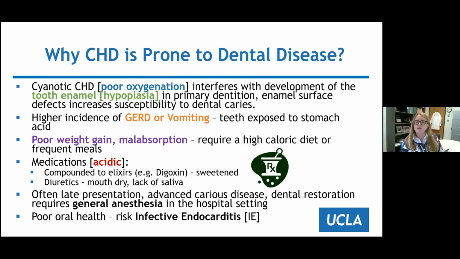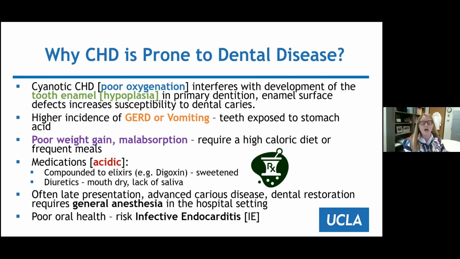So these kids often, their diet and what they're eating often affects their risk for caries, as well as the medications that they take can often be acidic. They're compounded elixirs, meaning there's no liquid form for kids, so we have to take the adult pill and break it down, make it into an elixir, and then we have to sweeten it so it's palatable for them to swallow that medication.